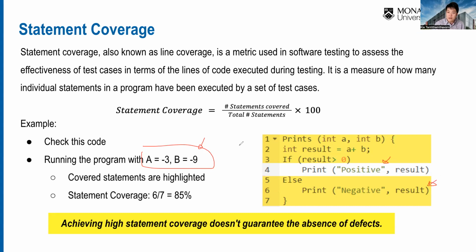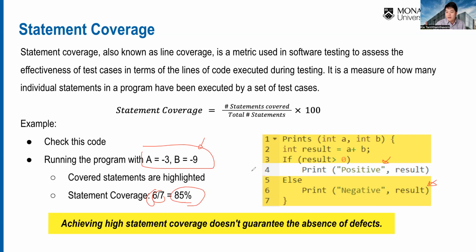So in this case, how many lines of code are exercised by this test case? Probably 6, right? So 6, and in total there are 7, so we achieve only 85% code coverage, line coverage here.